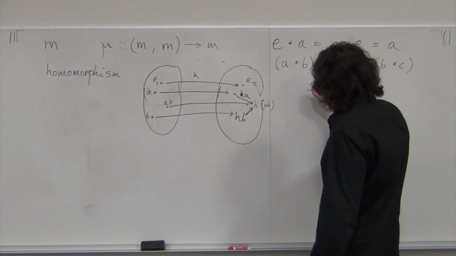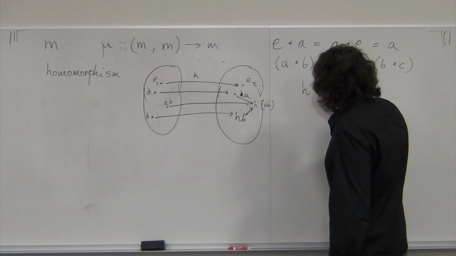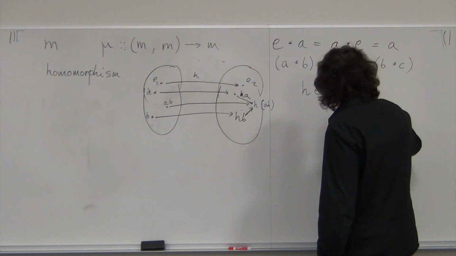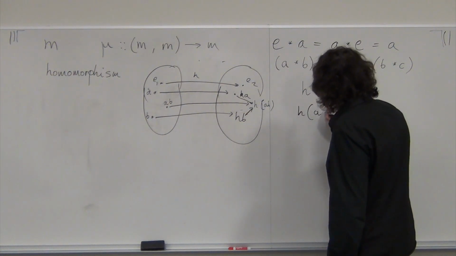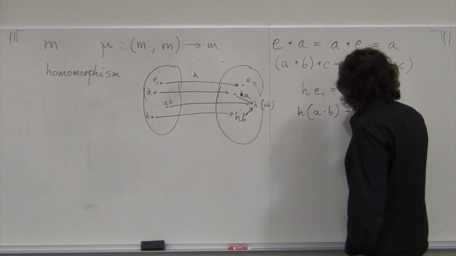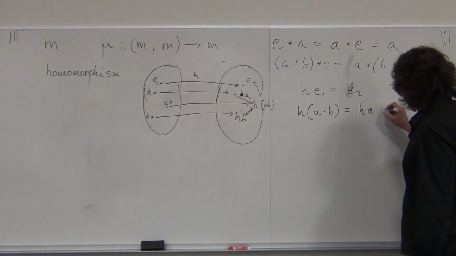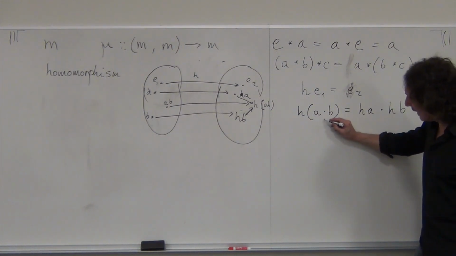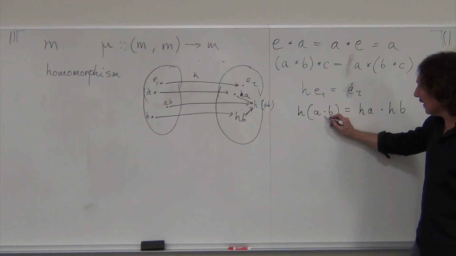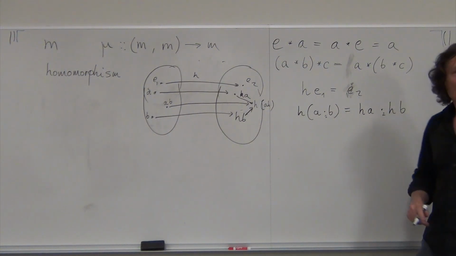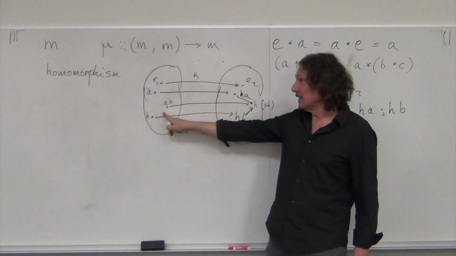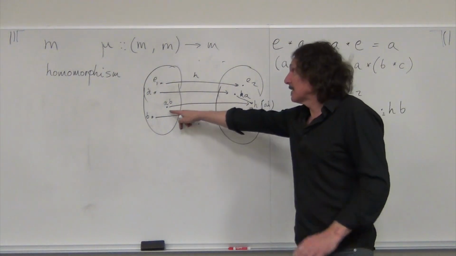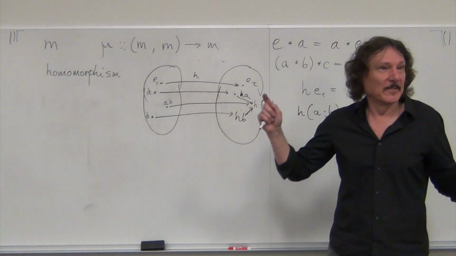So the condition for this is H acting on E1 is E2, and H acting on A times B must be equal to H acting on A times H acting on B. Now this multiplication, maybe I should write dot 1 and this is dot 2, because this is multiplication in the first monoid, and this is a multiplication in the second monoid, which is a different multiplication. I mean, this could be a sum and this could be a product, for all I know.